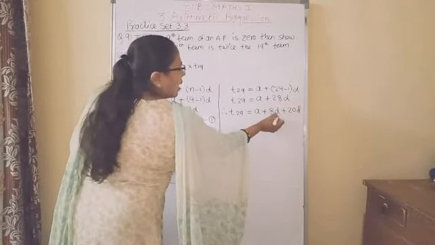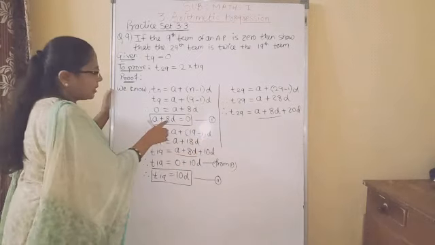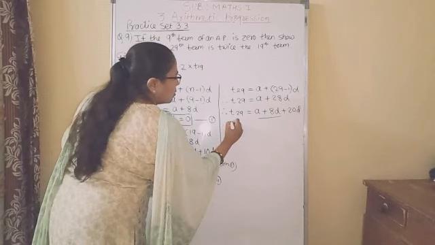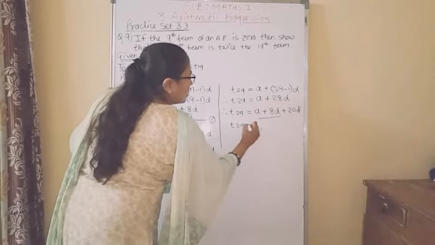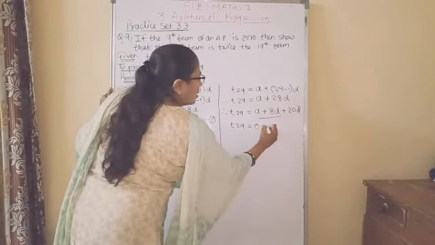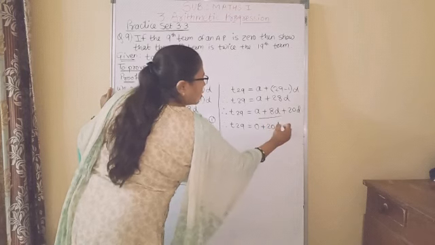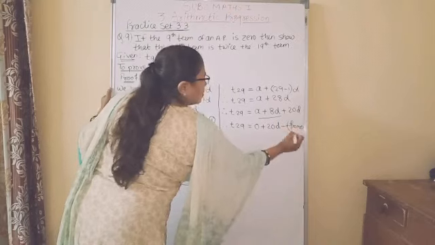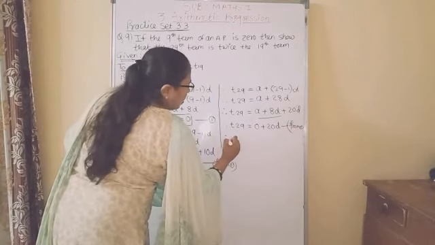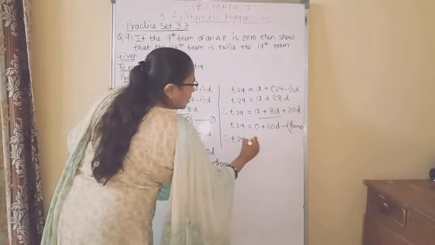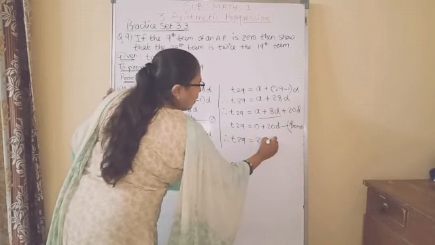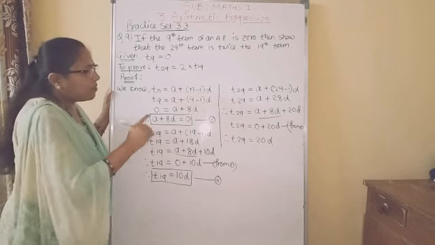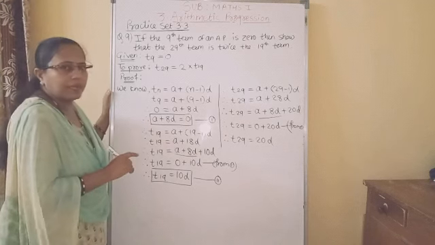Now again here we got A plus 8D, and A plus 8D is equal to 0. Therefore, T29 is equal to 0 plus 20D. And the reason we will write from 1. Therefore, T29 is equal to 20D.